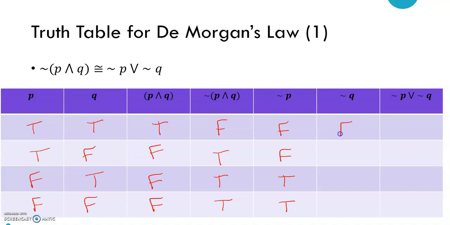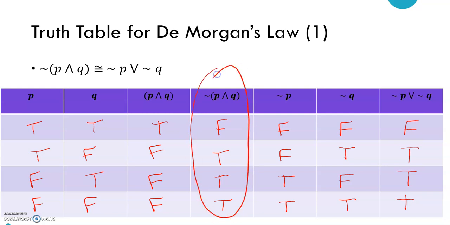Not Q: false, true, false, true. Not P or not Q: false, true, true, true. Again, looking at our two columns, not (P and Q) and not P or not Q, our columns are the same. We showed that those statements are equivalent.